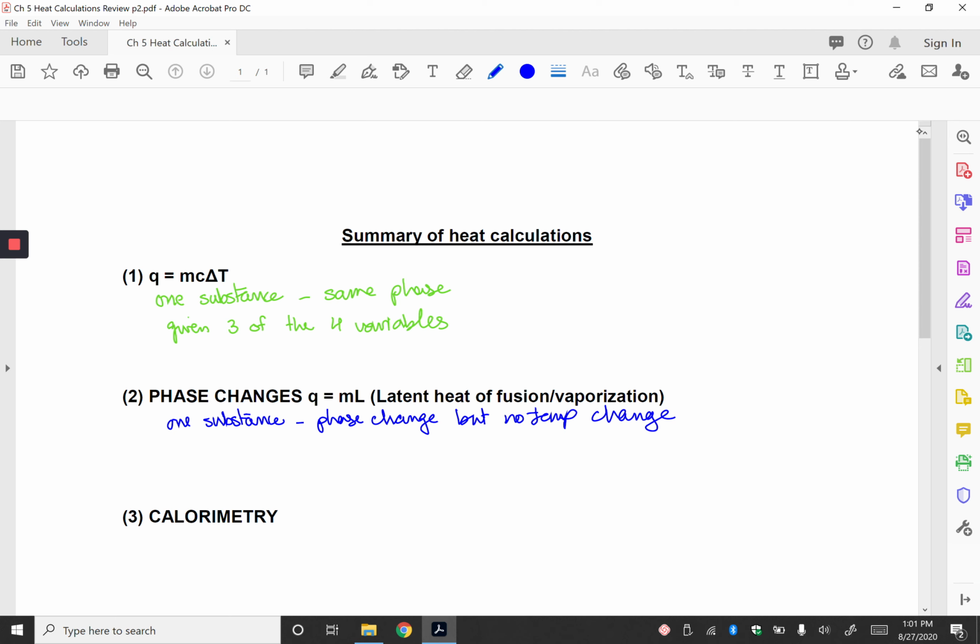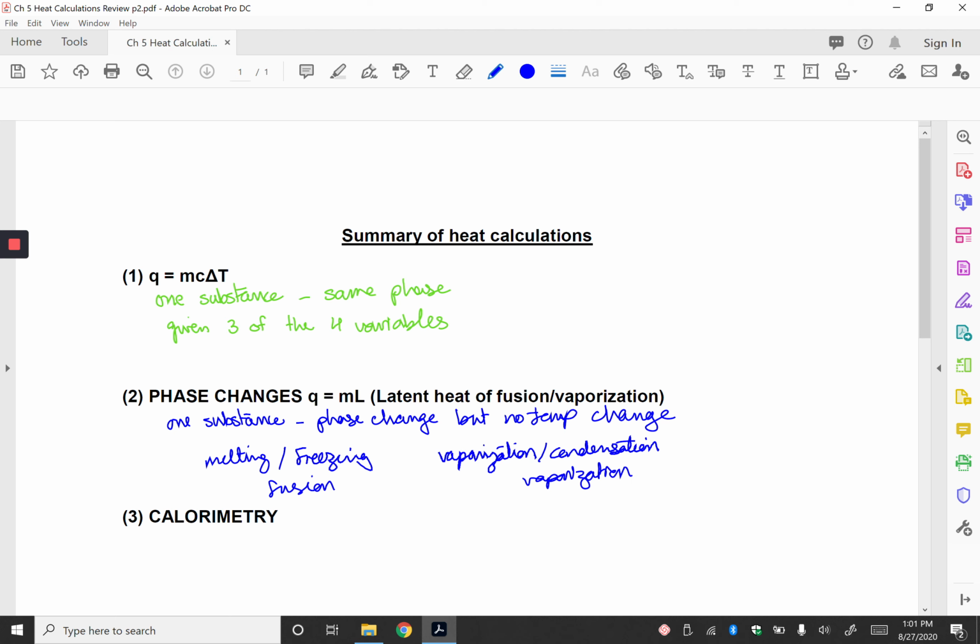For Q equals ML, the L stands for latent heat of fusion or vaporization. So you use this for melting and for freezing, use fusion for that, and for vaporization and condensation, use the latent heat of vaporization.